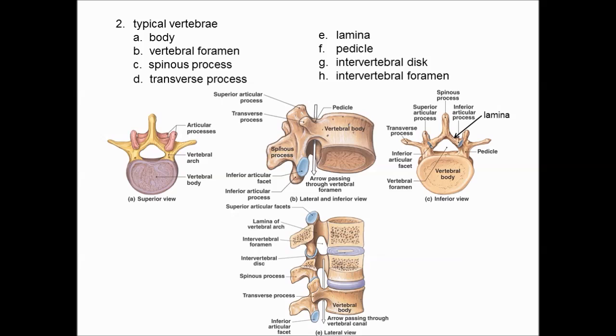The pedicle supports the arch, so those are labeled here. They're the 2 sides that hold up the arch. The intervertebral disc is that cartilage disc that I mentioned before that provides cushion so that we don't fracture the vertebral column if we bend it or cause too much distortion of it.